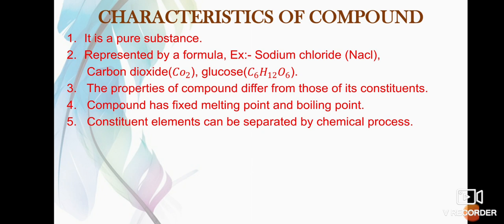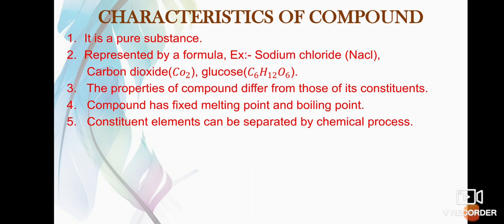Then the third one is the properties of compound differ from those of its constituents. Constituents means elements. So the compound which is made by the elements, that element's properties only show in this compound. Okay, it doesn't show other properties which don't belong to the elements.